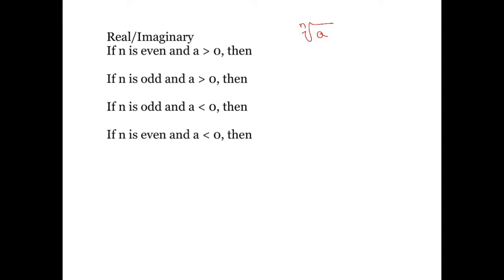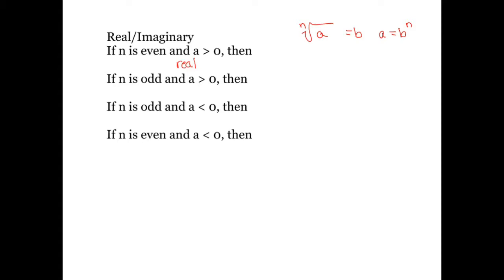All of those make sense, because if we call this b, then we have a is equal to b to the n. Anytime that the exponent is even, regardless of whether b is negative or positive, the result is going to be positive. So anytime n is even, whether b is positive or negative, a is going to be positive. So that means our answer will be real, because we're always going to end up with a real number.